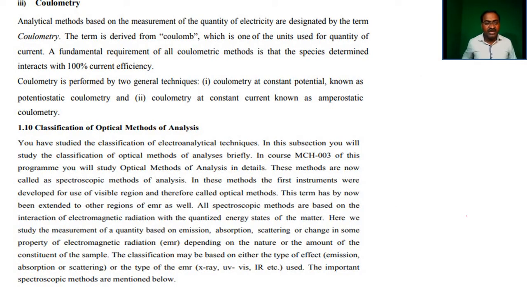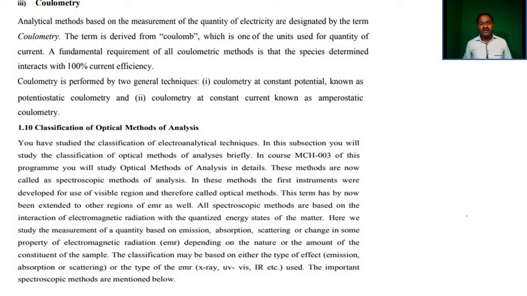Next, coulometry. It is a different type of analytical method for measurement of quantity of electricity, designated by the term coulometry. The term is derived from coulomb. Coulomb is the unit of quantity of current.